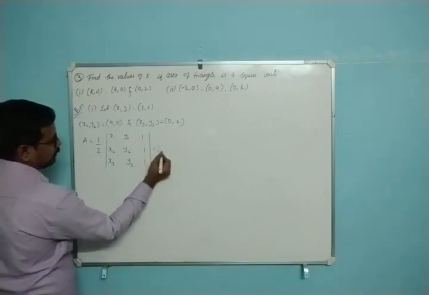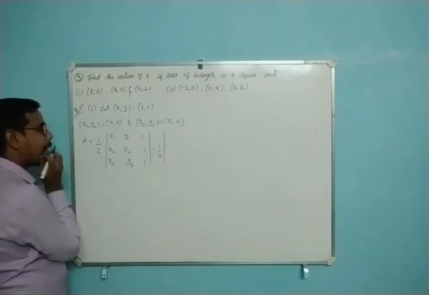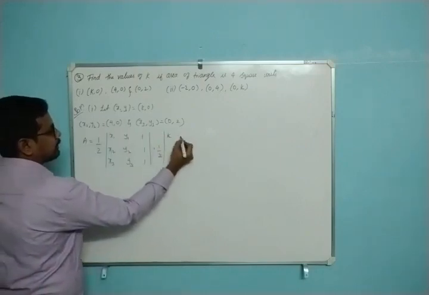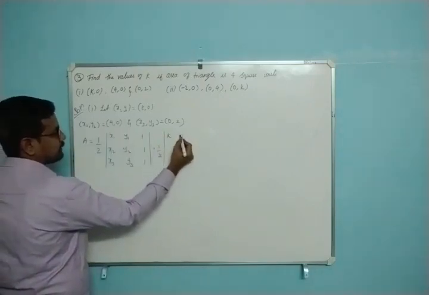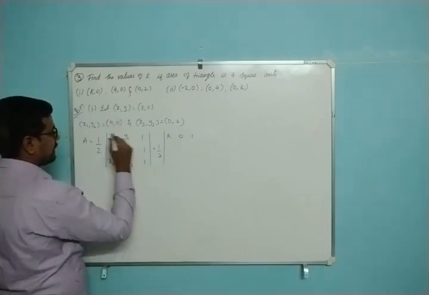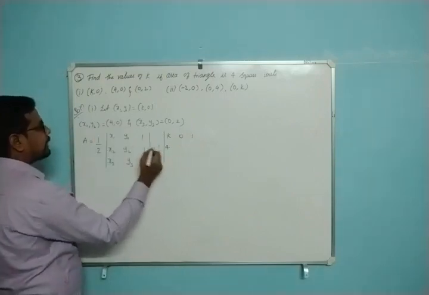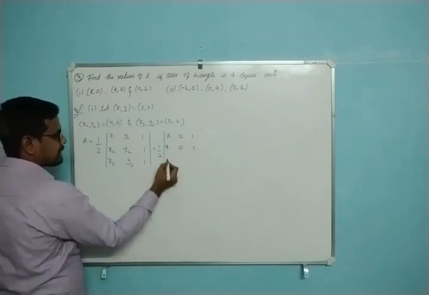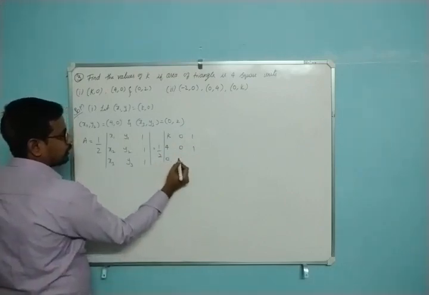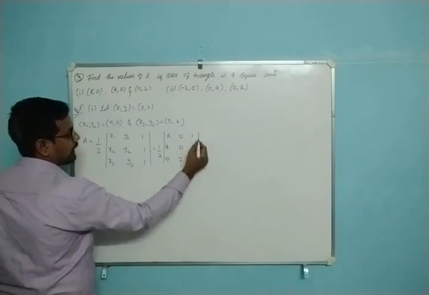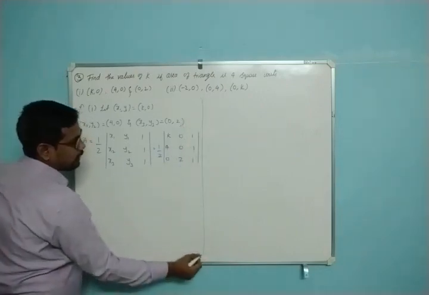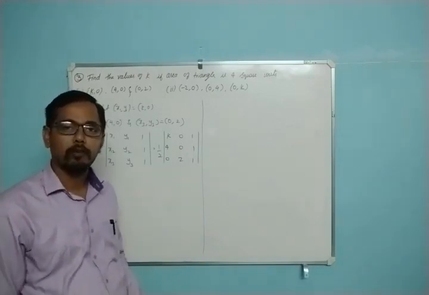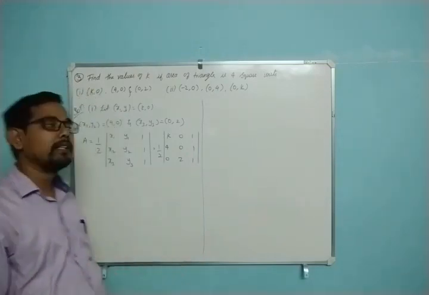So this is half into: what is x1? k. What is y1? 0, 1 as it is. x2 is 4, y2 is 0, 1 as it is. x3 is 0, 2, 1 as it is. So this was just substituting the values of x1, y1, x2, y2 and x3, y3.